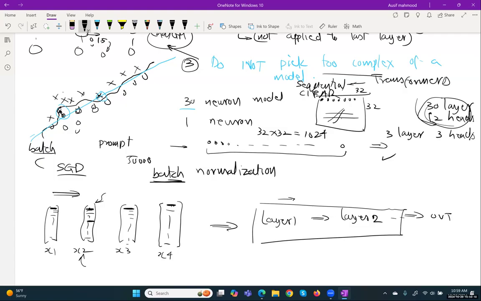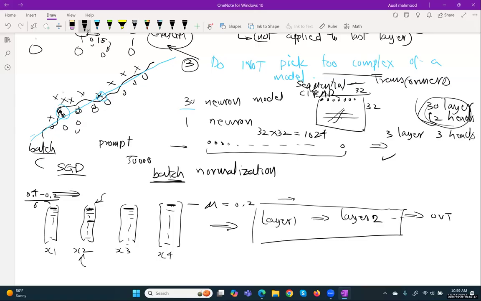For example, find the mean of these 4 numbers in the first row of our training data. Let's say the mean comes out to be 0.2, and suppose the value over here is 0.4. Then what we will do is subtract the mean of that row from each one of these, and also divide by the standard deviation.